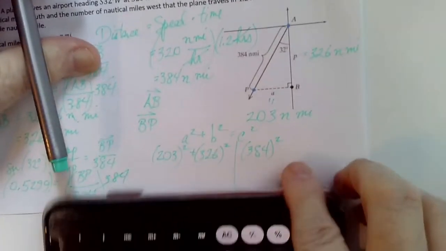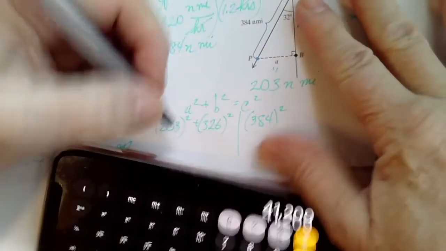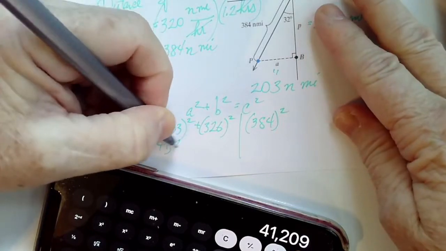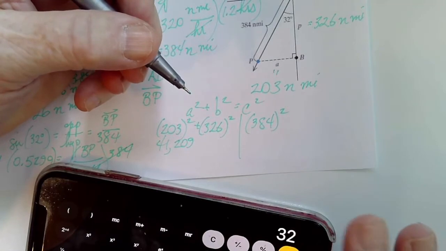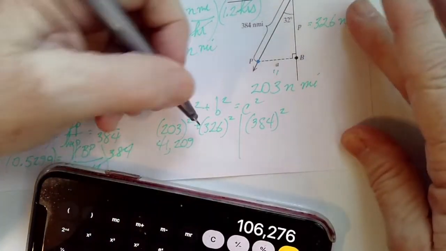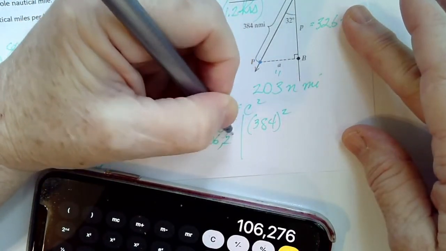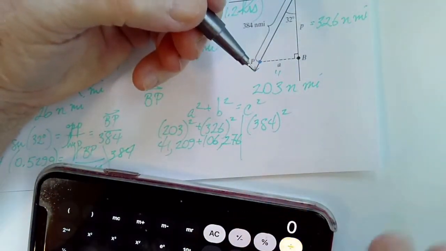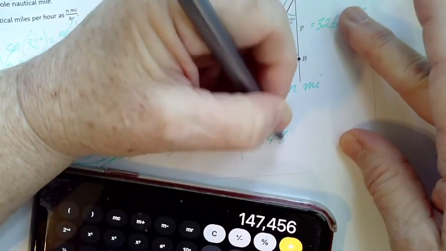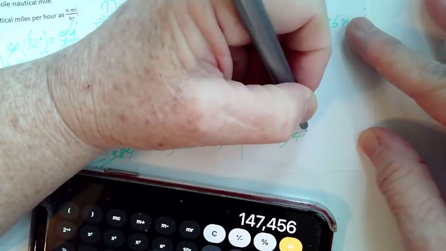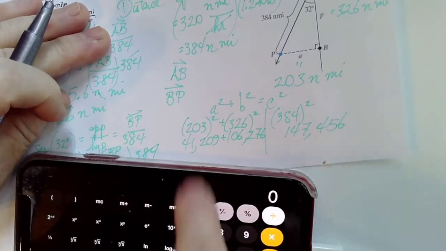So, okay. 203 squared is 41,209. 326 squared is 106,276, and 384 squared is 147,456. So now I just have to add the two squares here.